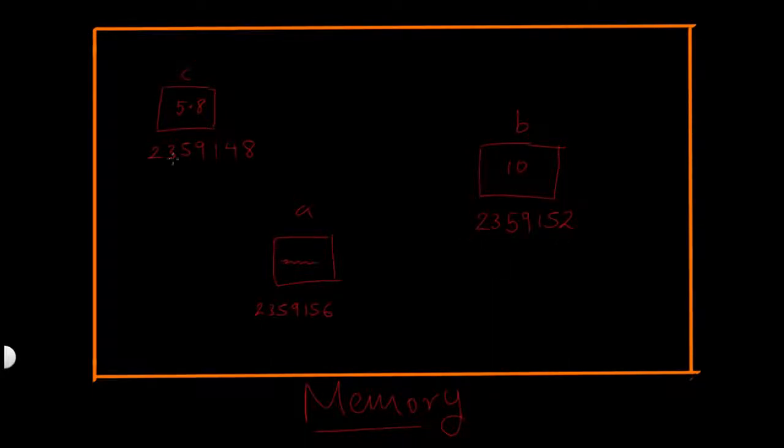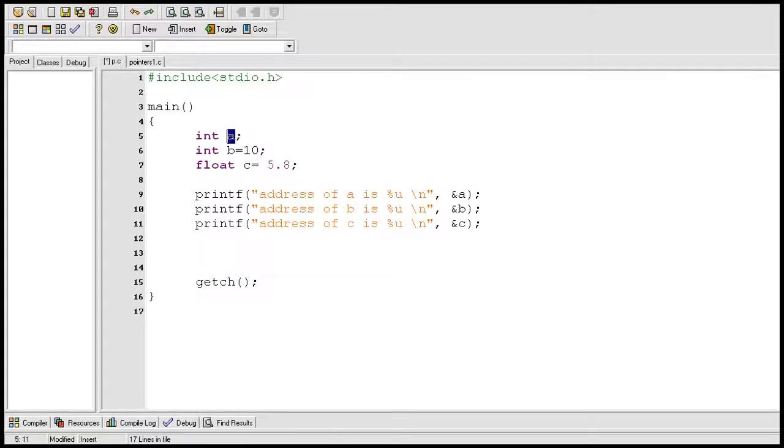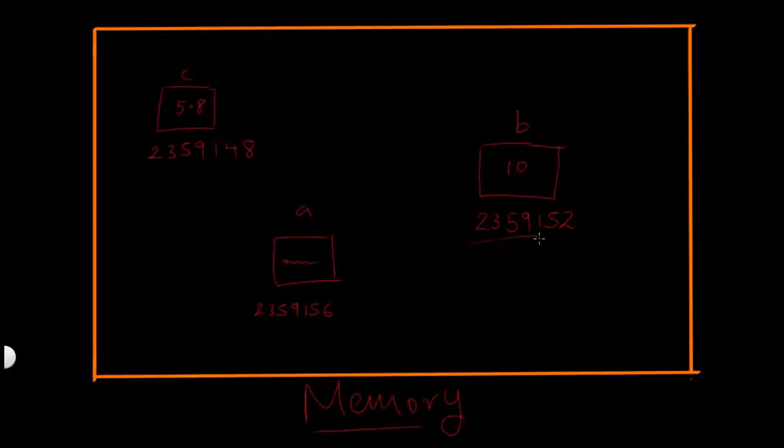This memory location is allocated to c and the address of c is this. This memory location contains a garbage value because a is not assigned any value. This memory location contains 10 and this memory location which is c contains 5.8. Data in memory is not stored in this manner. The value of c will not be stored like 5.8. It will be stored in binary form, in the form of zeros and ones.